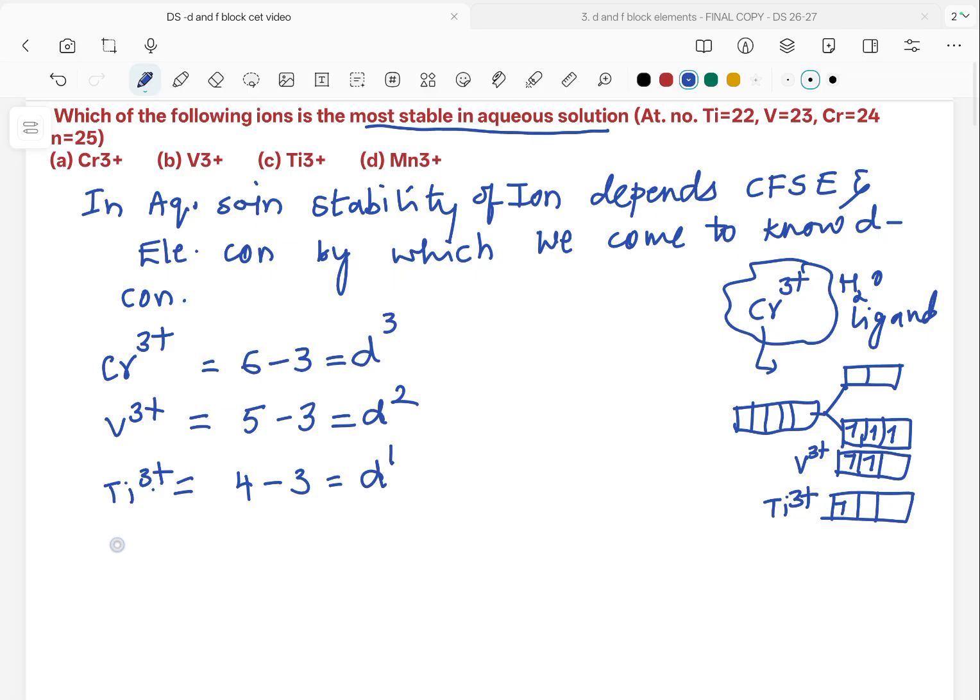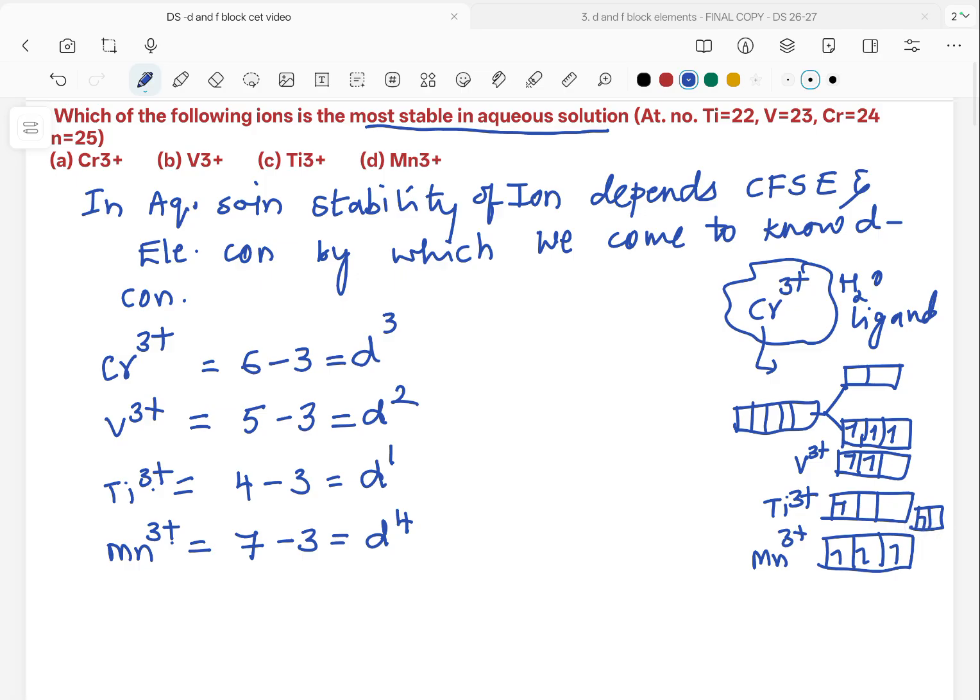When we speak about manganese Mn3 plus, the valence electrons of manganese is 7, lost 3 electrons, end up with d4 configuration where manganese ion will have 3 electrons in its lower shell and 1 in the upper.